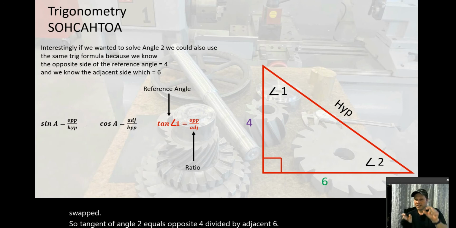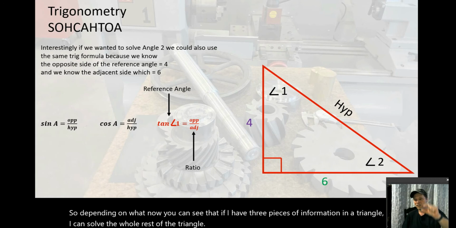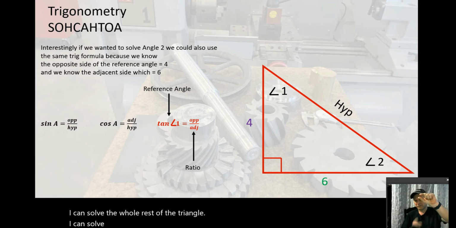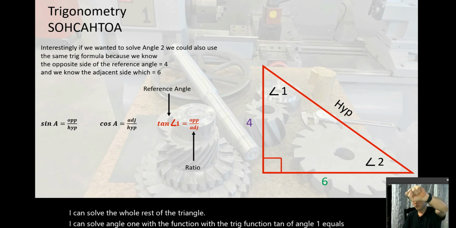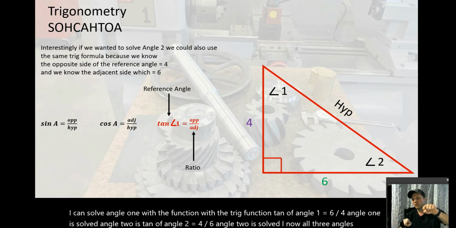Now you can see that if I have three pieces of information in a triangle, I can solve the whole rest of the triangle. I can solve angle 1 with tan of angle 1 equals 6 divided by 4. Angle 1 is solved. Tan of angle 2 equals 4 divided by 6. Angle 2 is solved. I now know all three angles of that triangle, and I know two sides.